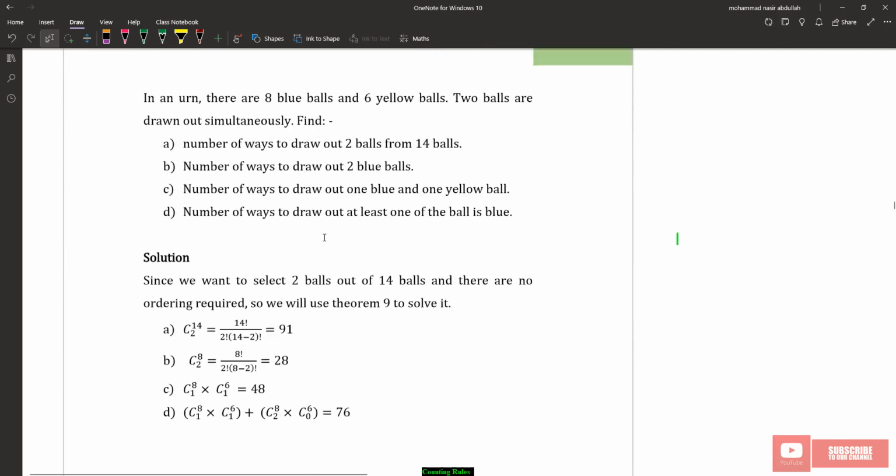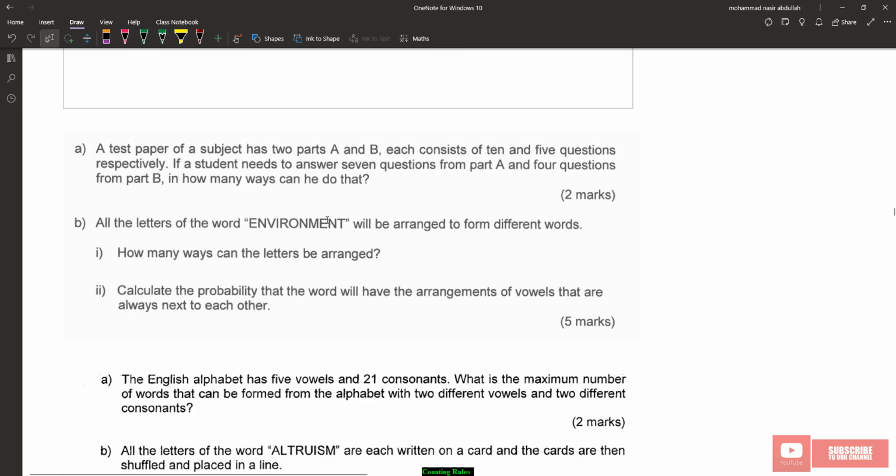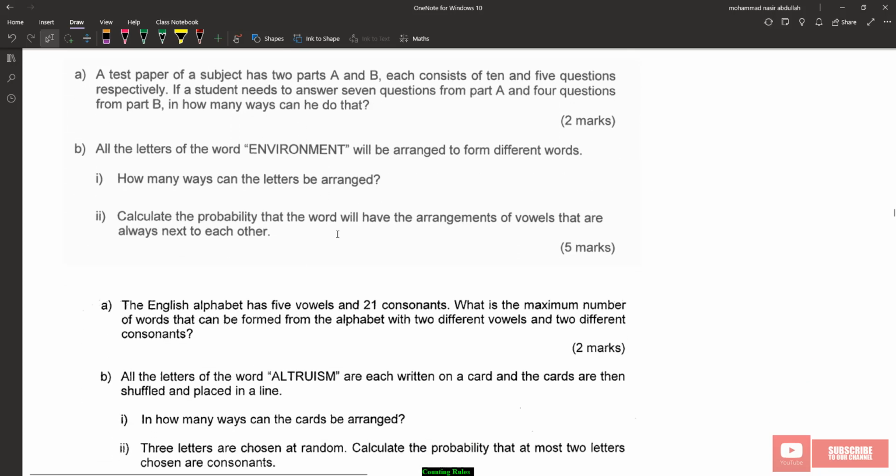For example, number 3.27, I think you can look by yourself. Let's look at past year question. So now, a test paper of a subject has two parts, A and B. Each consists of 10 and 5 questions, respectively.